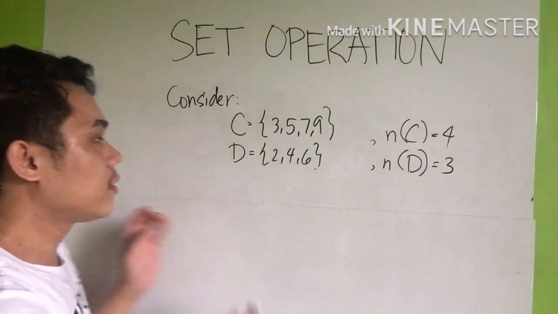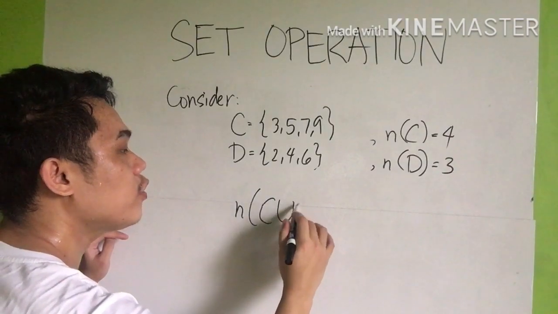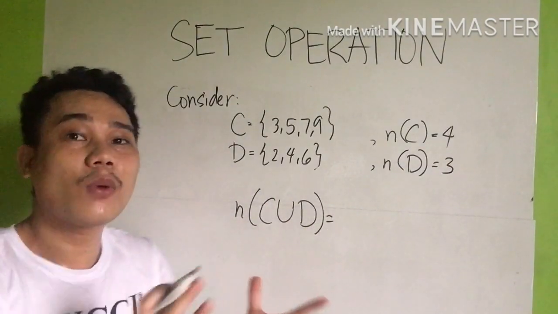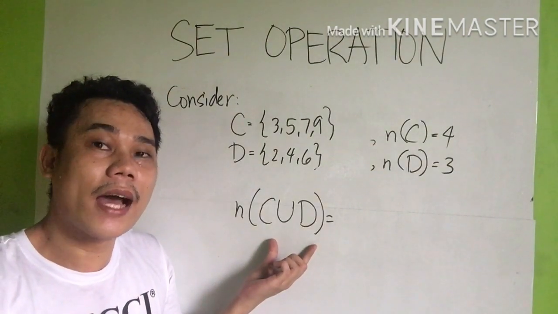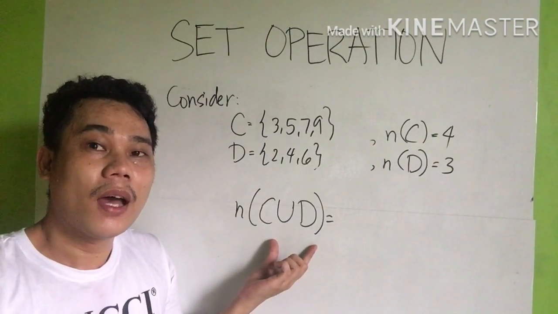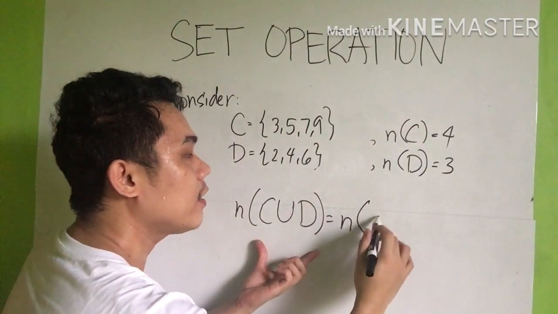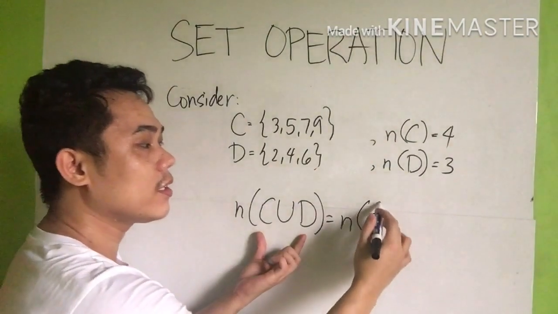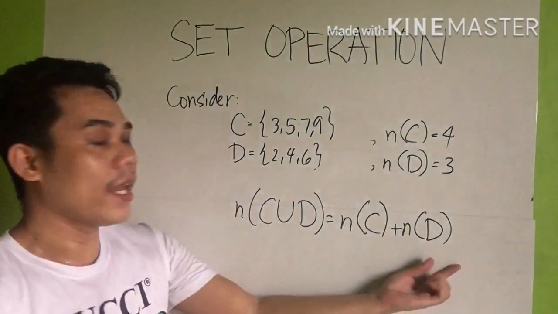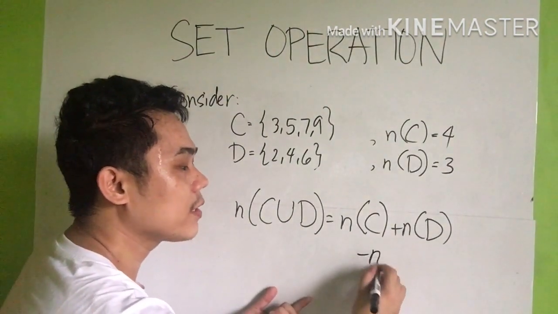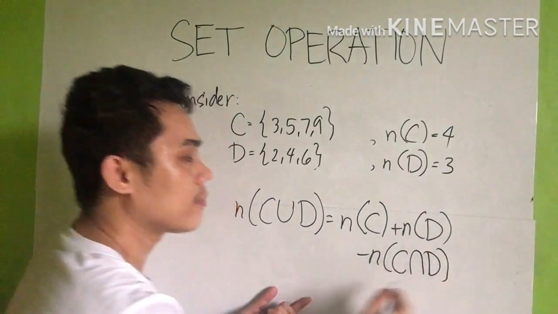If we want the cardinality of C union D without actually knowing C union D, we just use the principle of inclusion and exclusion. It says the cardinality of C union D is you add the cardinalities of C and D, but you need to subtract the cardinality of C intersection D.